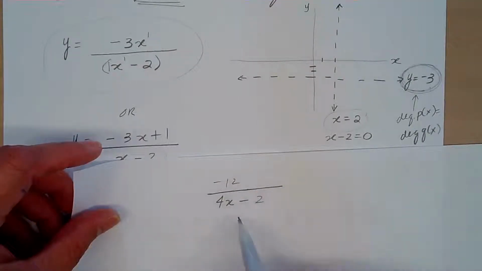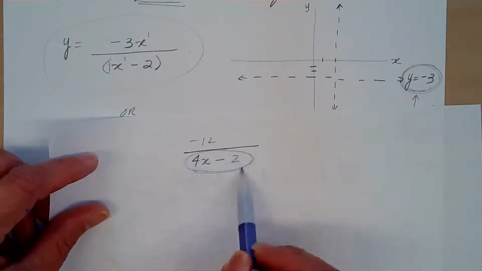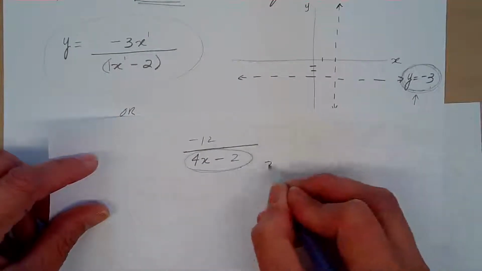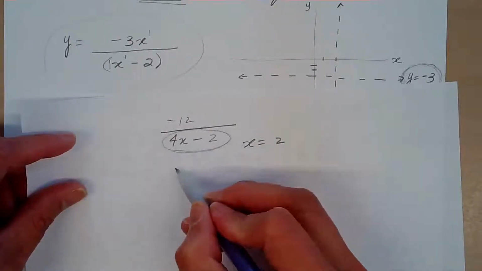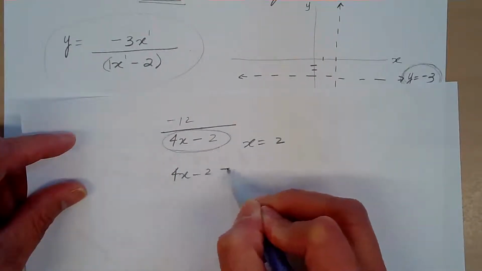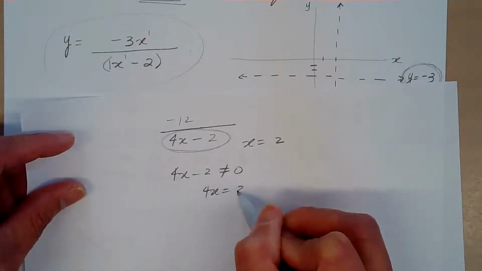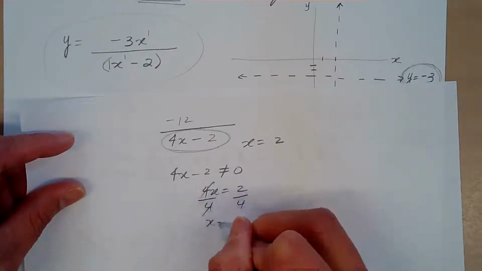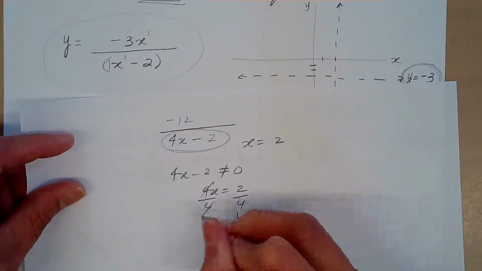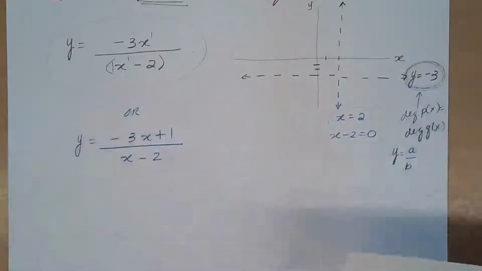Okay, will this give us a vertical asymptote at x equals 2? Setting 4x minus 2 equal to 0, 4x equals 2, so x equals 2 divided by 4. That's going to give us a half, so no, it doesn't work. Okay, that's a good one.